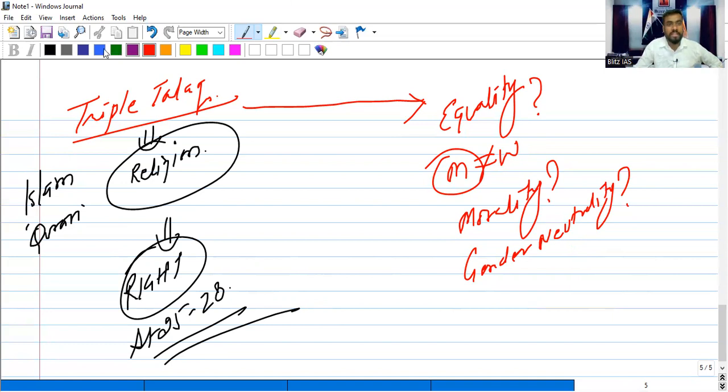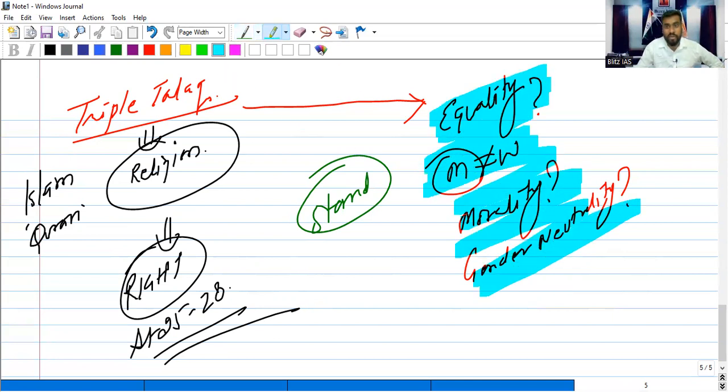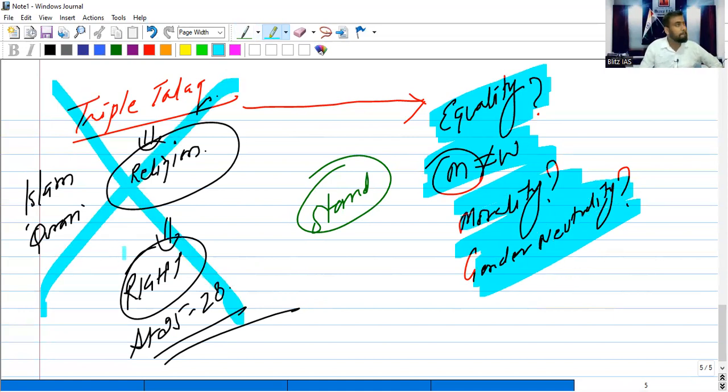So what should be the stand? If you say that in a country there must be equality, morality and gender equality, and this triple talaq should not be there, that stand is right.